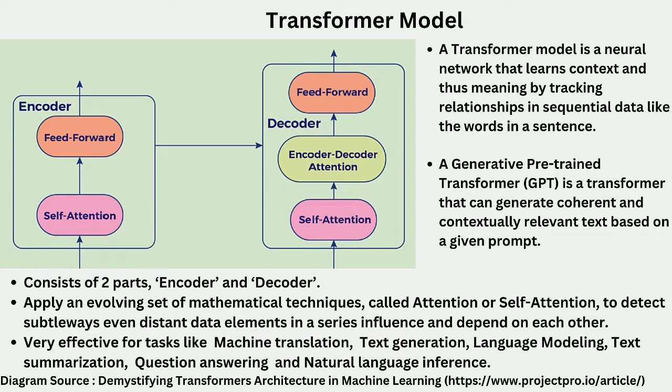A generative pre-trained transformer, GPT, is a transformer that can generate coherent and contextually relevant text based on a given prompt. Transformer consists of two parts, namely encoder and decoder. There is an attention mechanism, or self-attention, which is used by the transformer model to see one or more entire sentences at once rather than one word at a time. This allows the transformer model to understand the context of a word better.